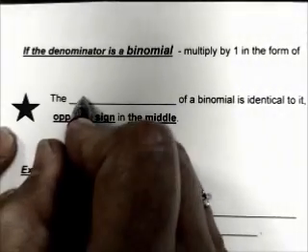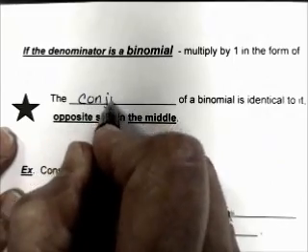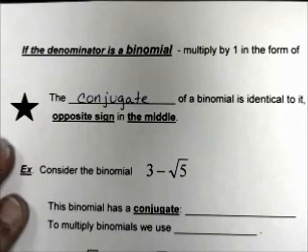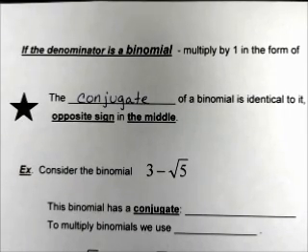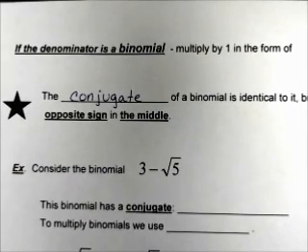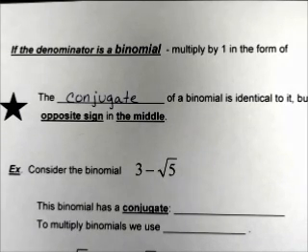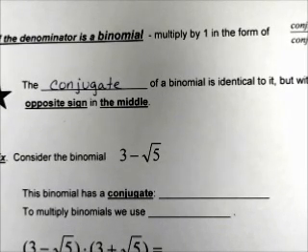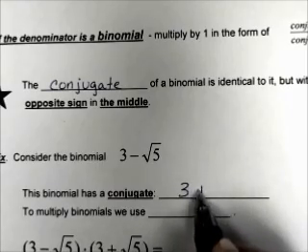The conjugate of a binomial is identical to it, but with the opposite sign in the middle. For example, consider the binomial 3 minus the square root of 5. This binomial has a conjugate. It is 3 plus the square root of 5.